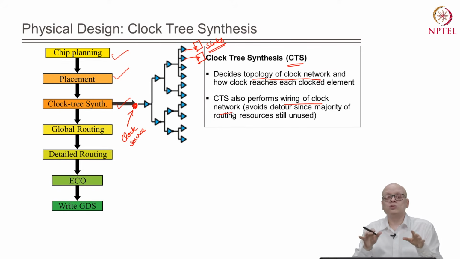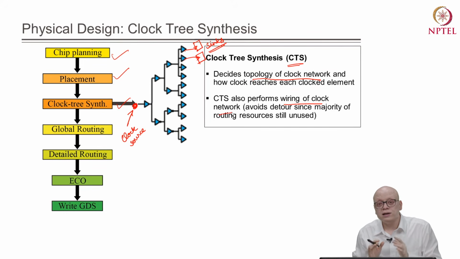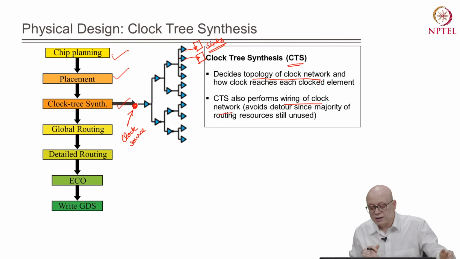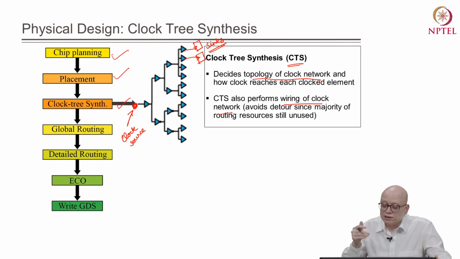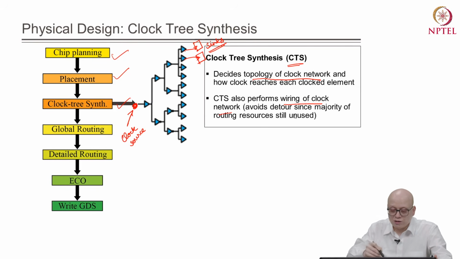The rest of the routing resources are still available while we are doing clock tree synthesis, right. So clock tree synthesis can easily avoid detours on the clock signals, and it is very critical that we avoid these detours and reduce the delay of the clock signals from the clock source to the sinks, right.